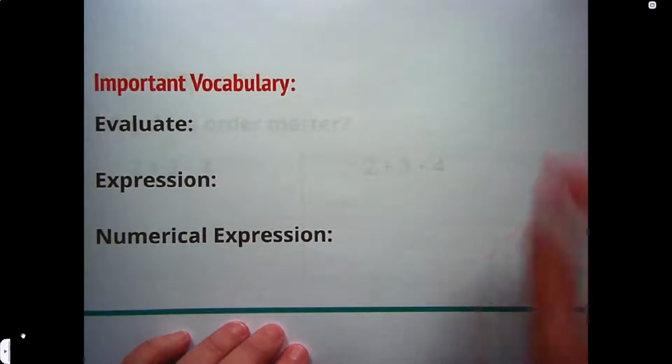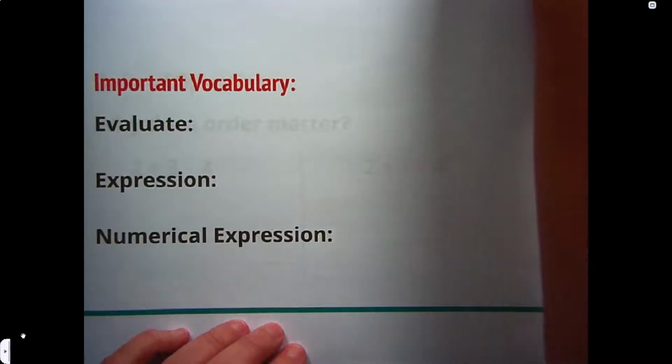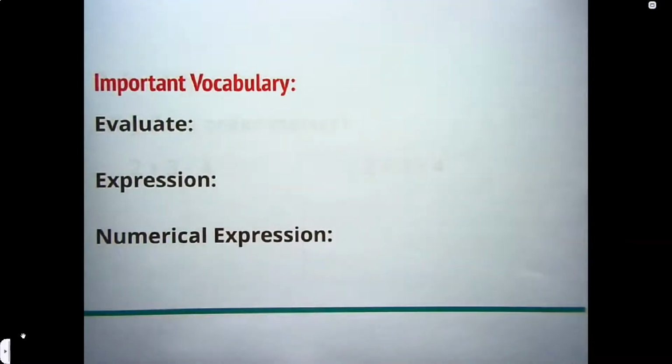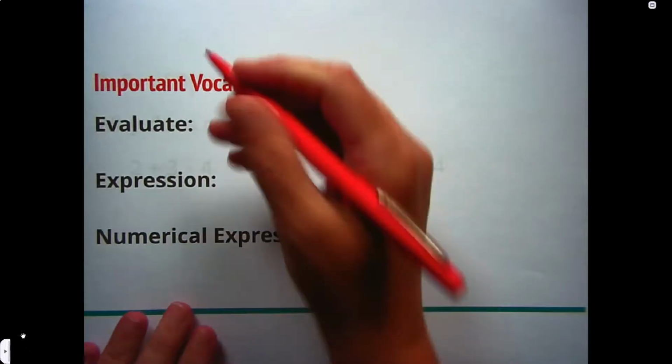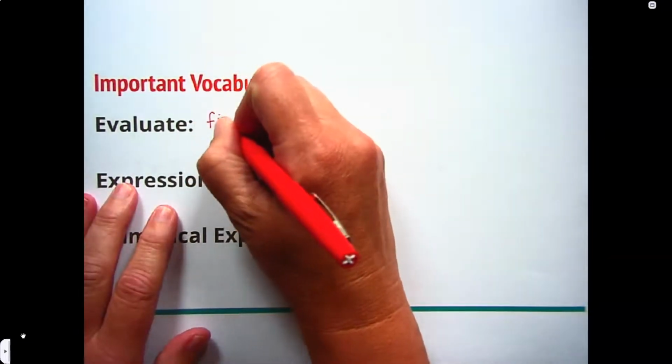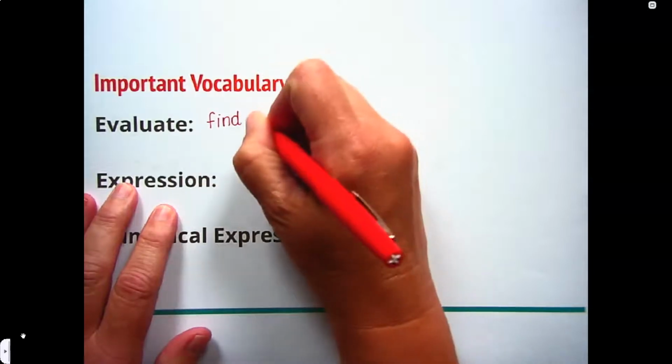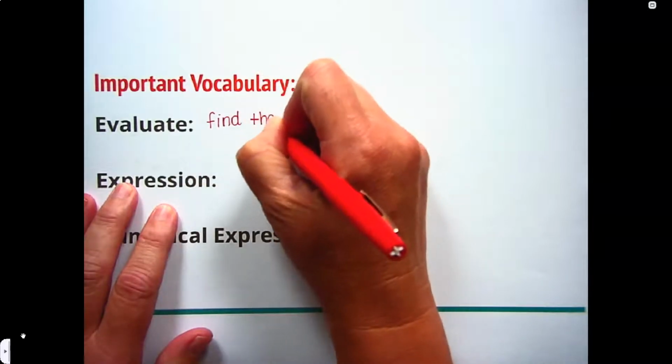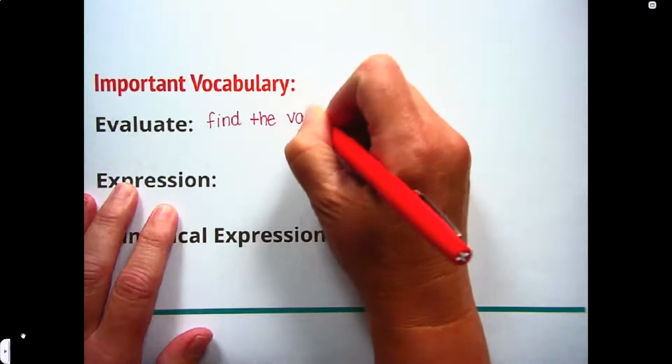So here we go. Evaluate. When you hear that word, you hear the word value in it. So when you see the word evaluate, that means that you are going to find the value of.